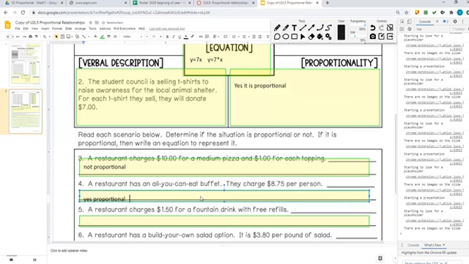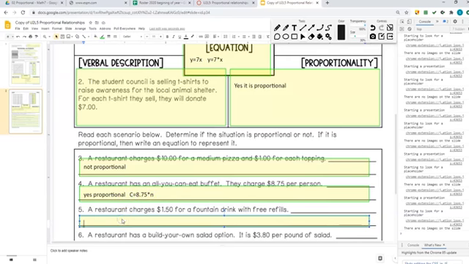And our model is cost equals $8.75 times n, the number of people. Okay? Now, I chose not to use x and y because I wanted it to make more sense. We're often going to use n for a number of people. We're often going to use c for cost.